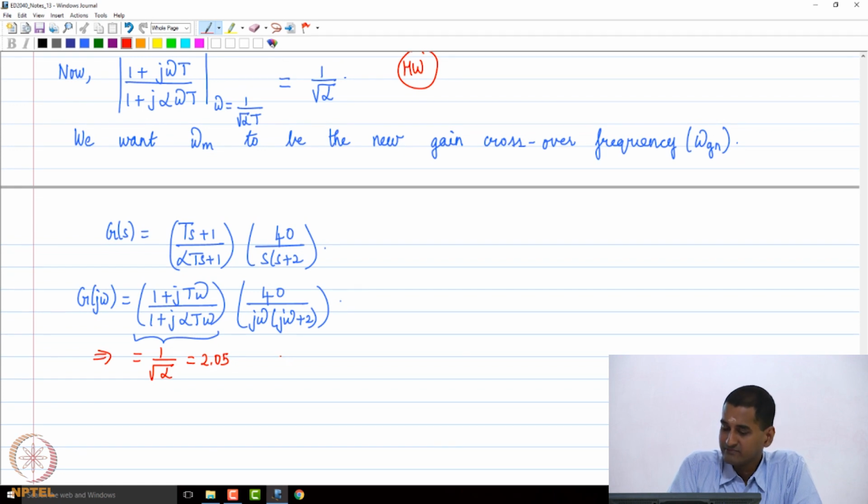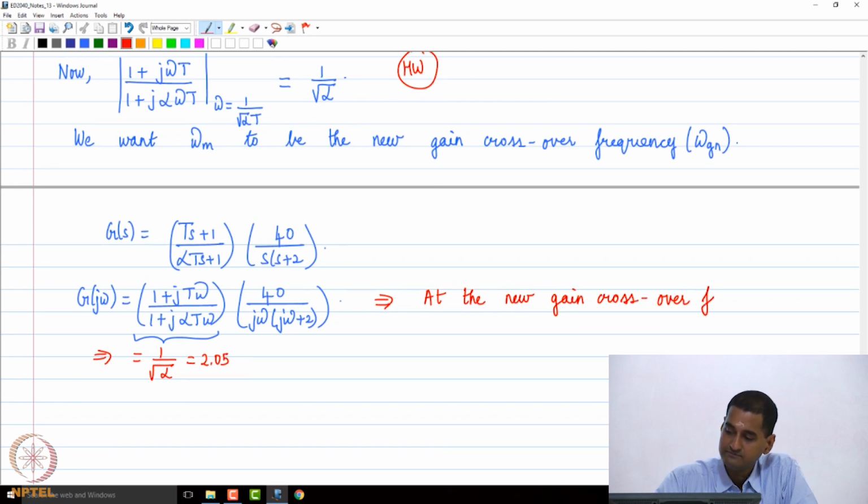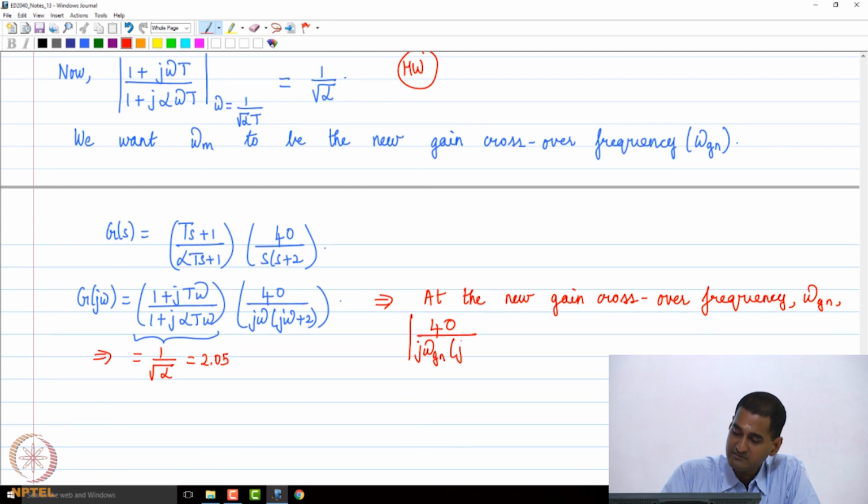Okay, right. So, thus this implies that at the new gain crossover frequency, omega gn, the magnitude of 40 divided by j omega gn times j omega gn plus 2 should be what?